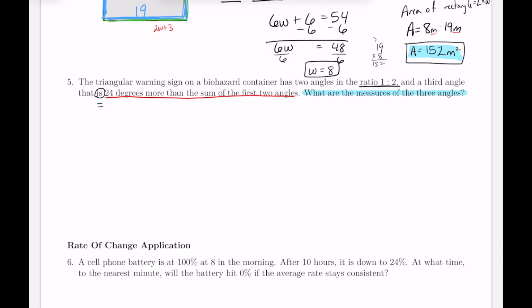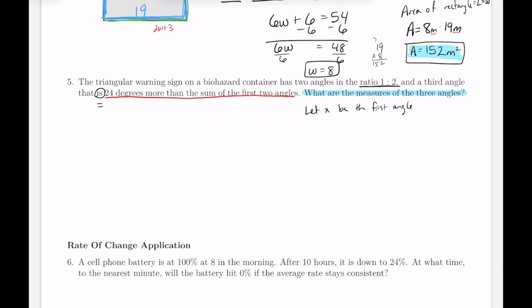Okay. All right, let's go ahead and start to get a look at this. There's a lot going on here. Okay, so our first 2 angles, let's say let x be the first angle.